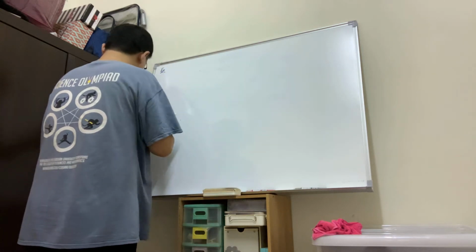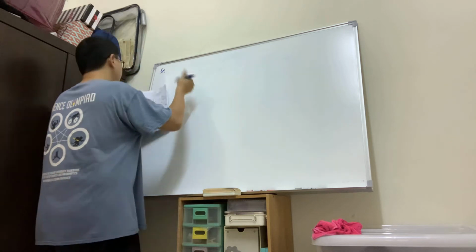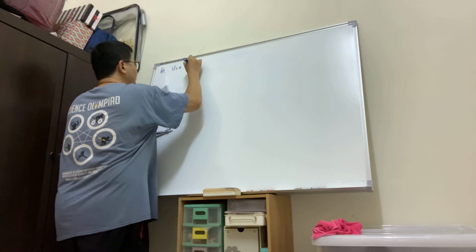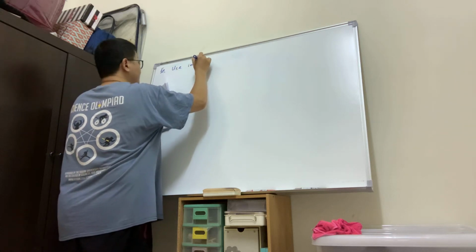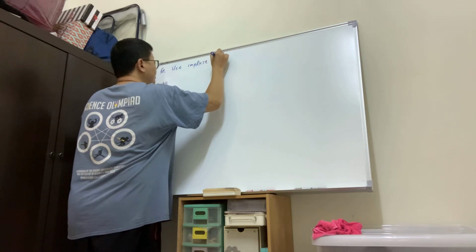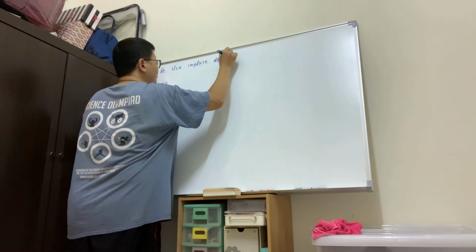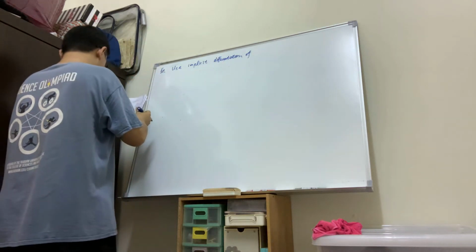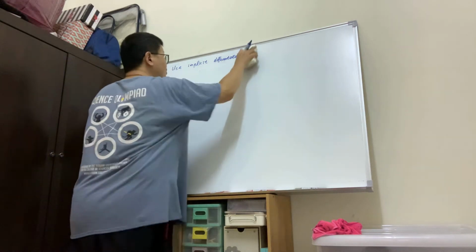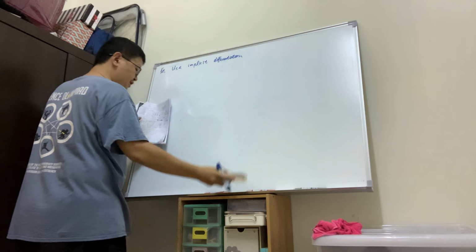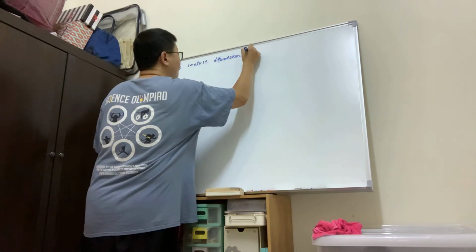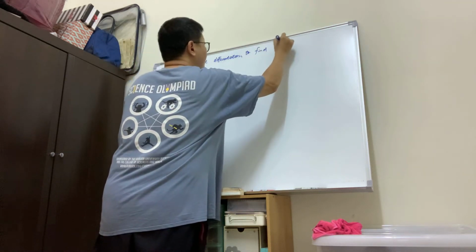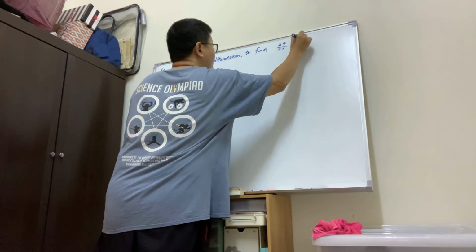We want to find that we will use implicit differentiation to find, as in the example in your textbook, partial g partial x and partial g partial y.